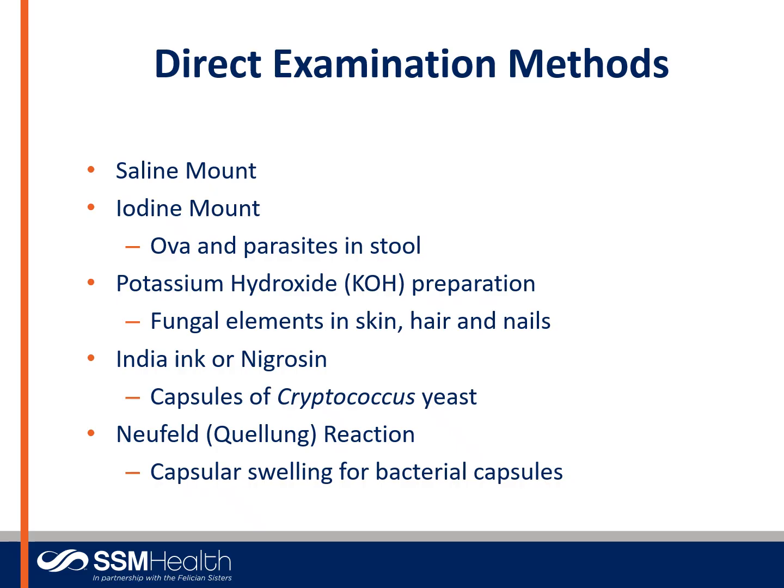But it does highlight the capsules which will not stain around those yeasts. So when we do have a positive India ink, it's actually pretty cool to see. But once again, other methods for looking for Cryptococcus are preferred over the India ink.